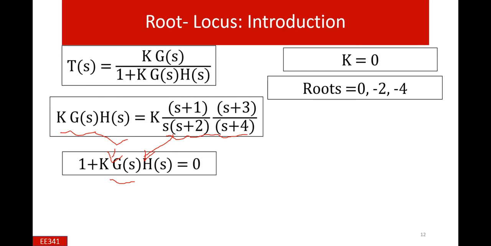It means the poles of the open loop transfer function are the starting points of the root locus, where K is equal to 0.